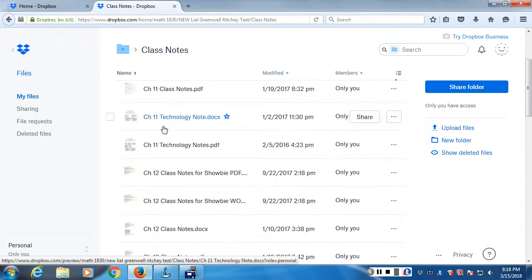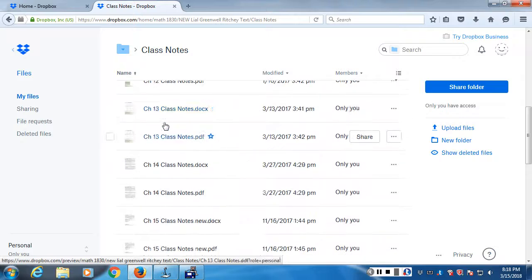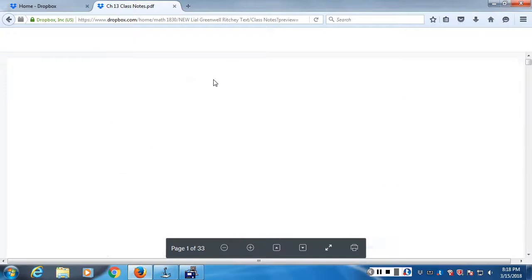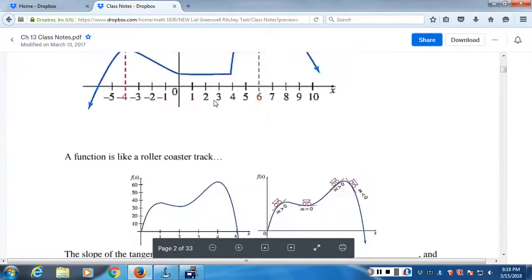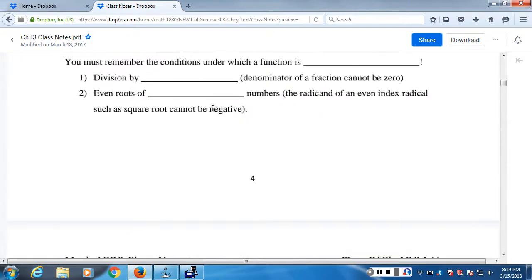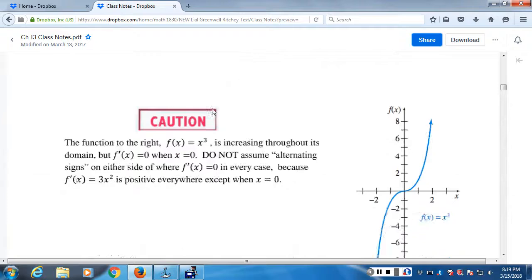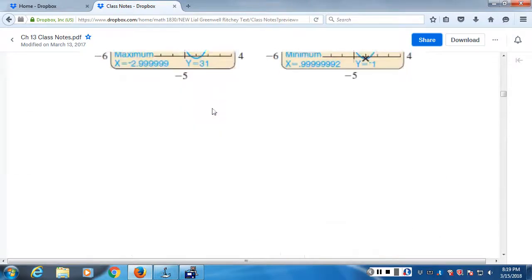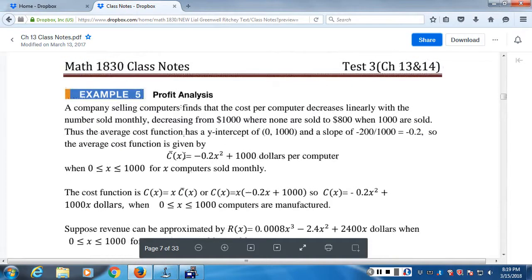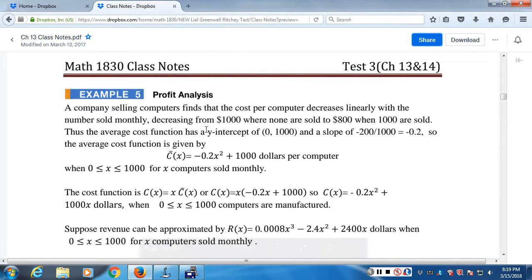I wonder if that's a typo. Ah, I remember why now. No, it's not a typo.